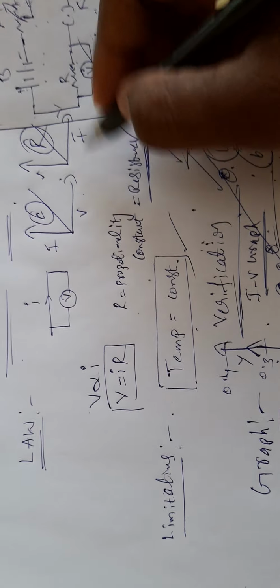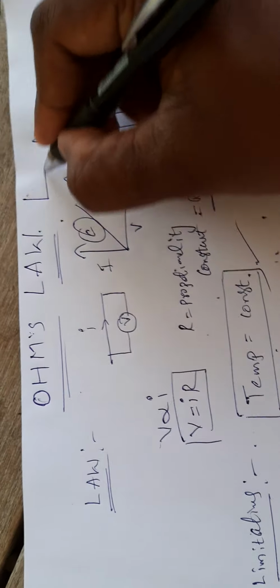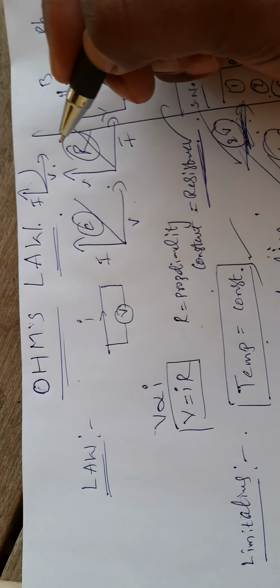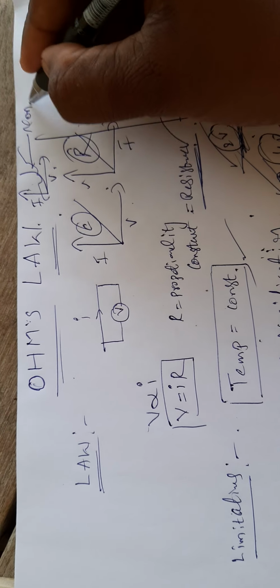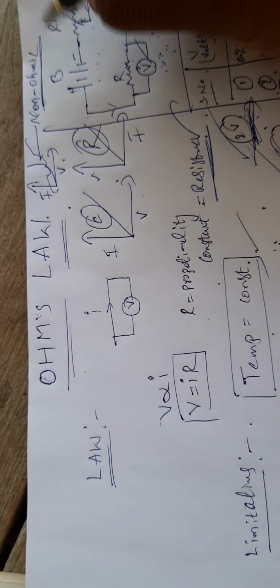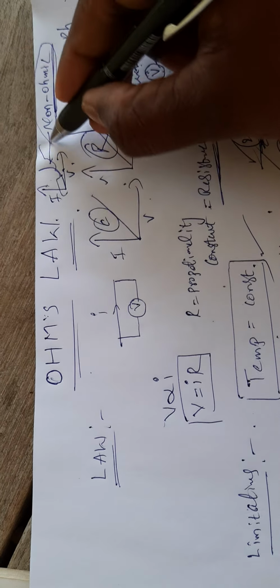If you are getting graphs other than that, I versus V or V versus I, like curved lines like this, these we call non-ohmic graphs, or the substance I have used as resistance is a non-ohmic conductor.